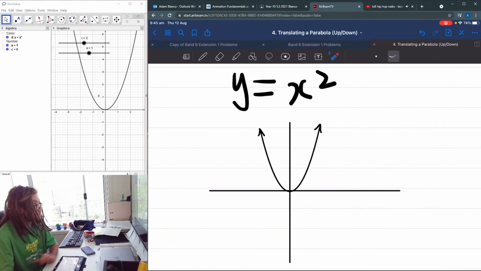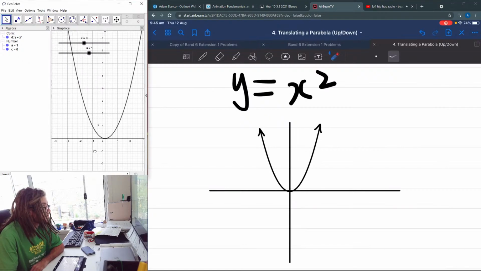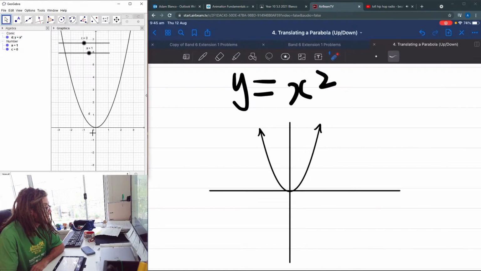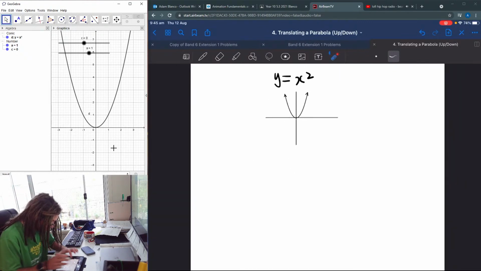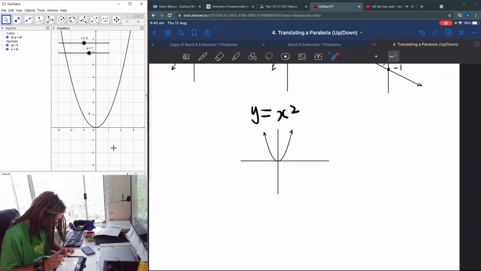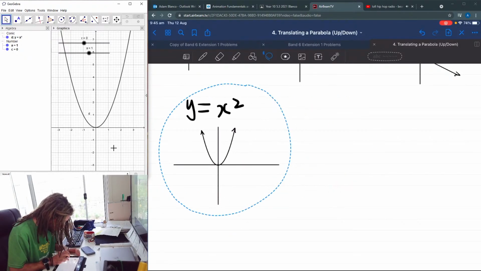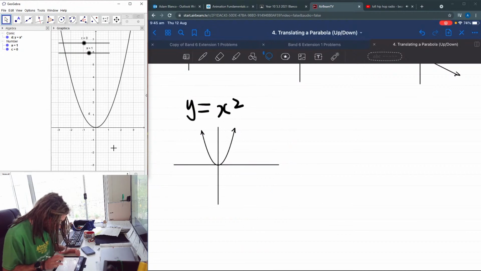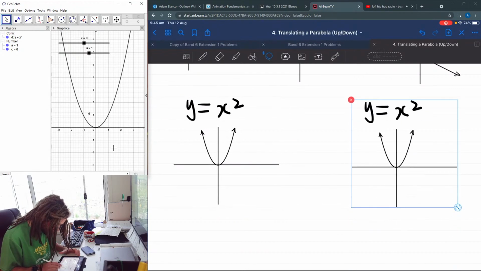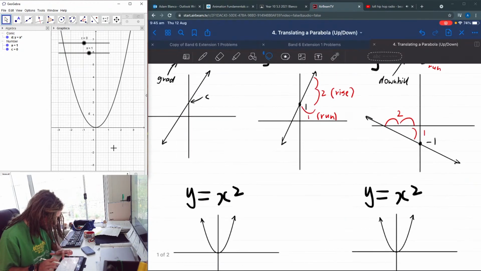So you just got to think about all the things that happen to it, and it's the same with the parabola. So y equals x squared, it's what I've got up here in the top corner of your screen. That's y equals x squared. Let me move this and make another one. Copy, paste. We can do the exact same thing.